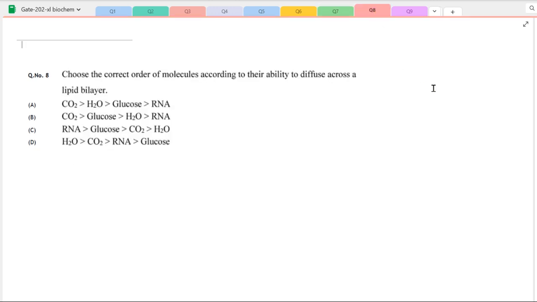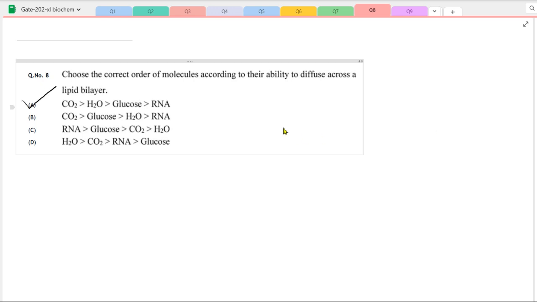Choose the correct order of the molecules according to their ability to diffuse across a lipid bilayer. We all know the basic principle that like dissolves like, which means that for a molecule to cross a lipid bilayer, the more hydrophobic it is, the easier it is for it to cross. So the correct option here is option A, which is CO2 followed by water, followed by glucose, and followed by RNA.